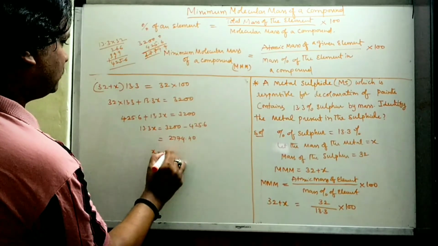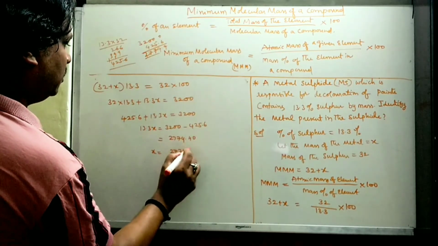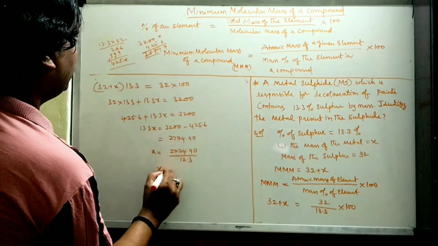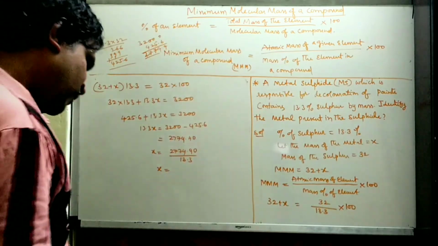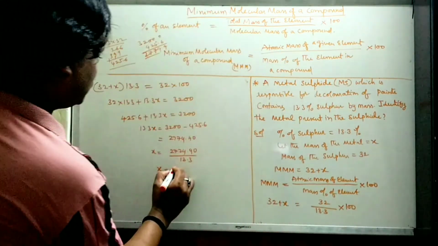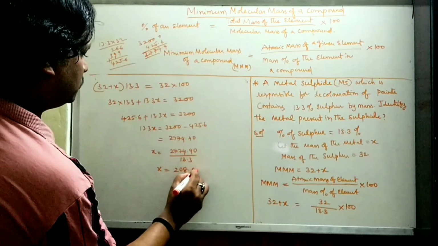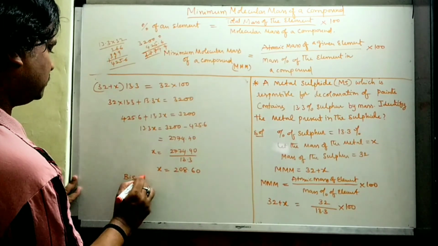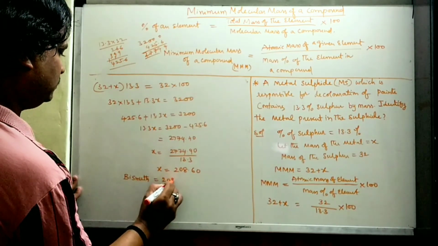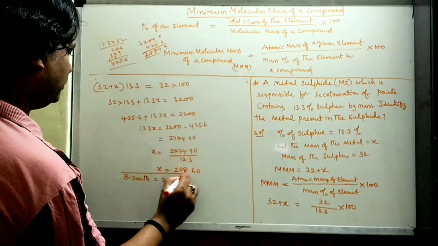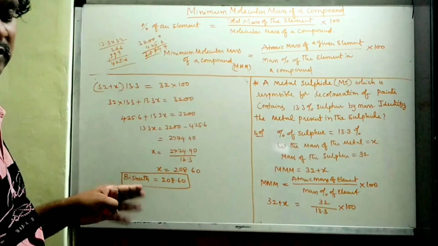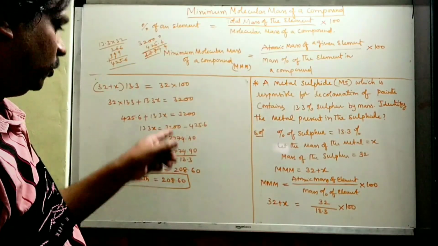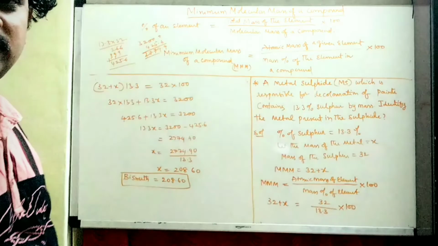So x is equal to 2774.40 by 13.3, and approximately we get the value 208.60, which is nearly equal to bismuth. So the element is bismuth, which is used mainly in paints. Hope that you understand this concept.